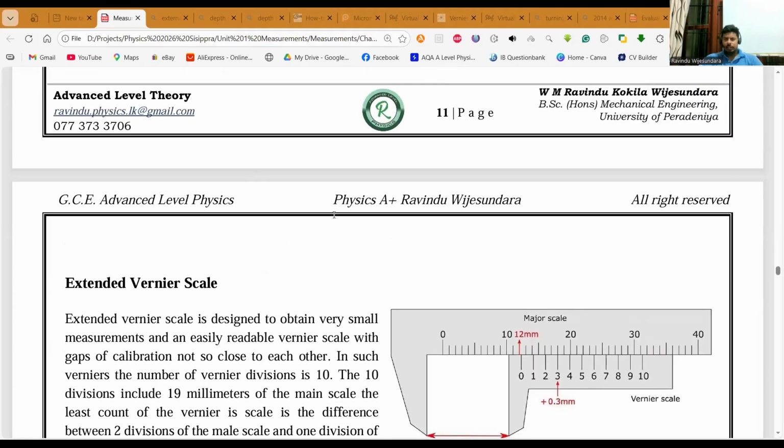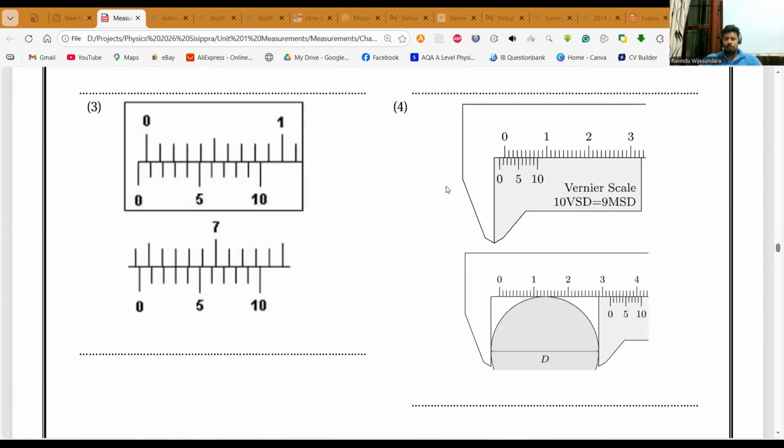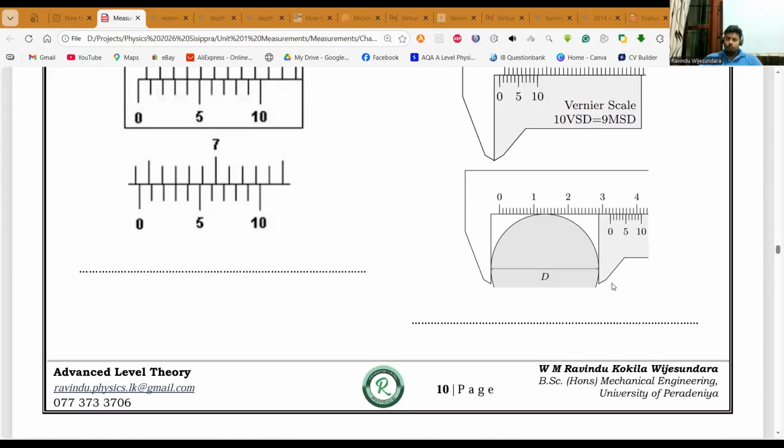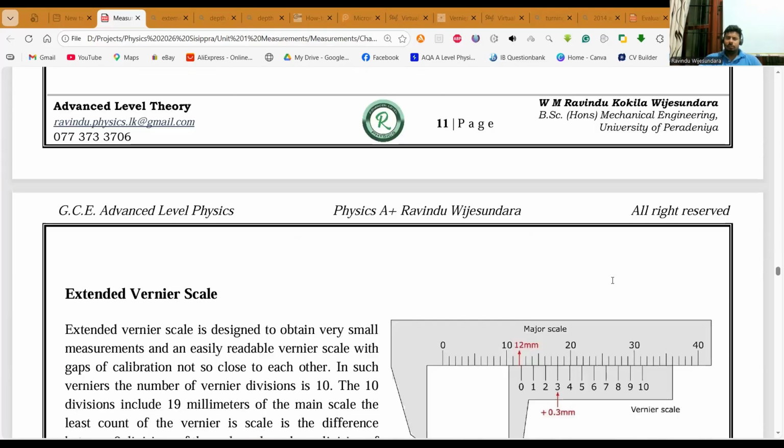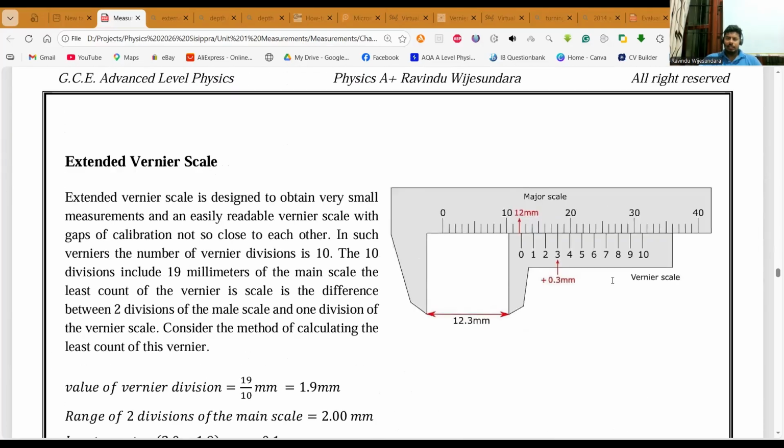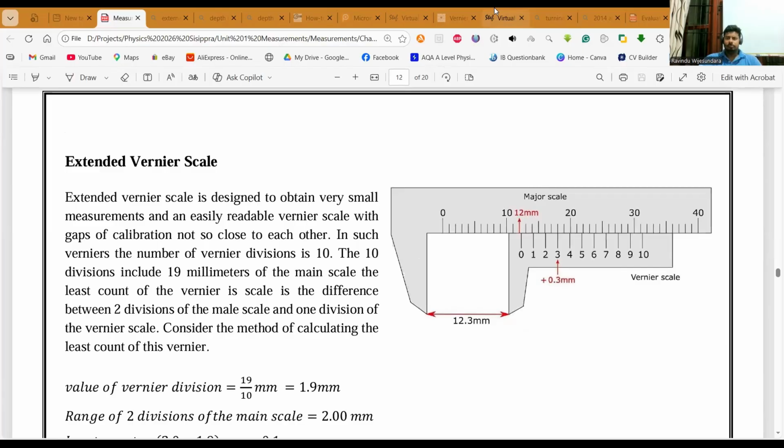When you read the diagrams here, you can get confused, because sometimes you see two marks coinciding with each other at the same time. That is because the separation between these two divisions is very small. To remove this problem, they have constructed vernier calipers like the ones I have shown earlier.